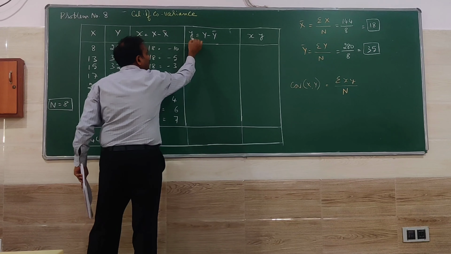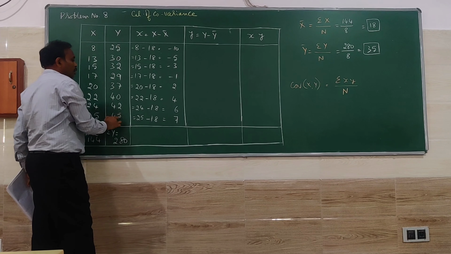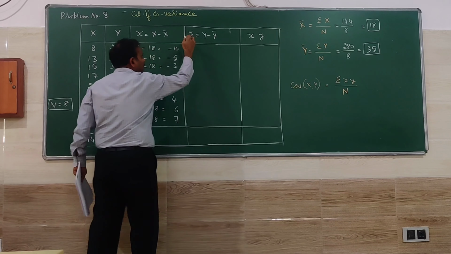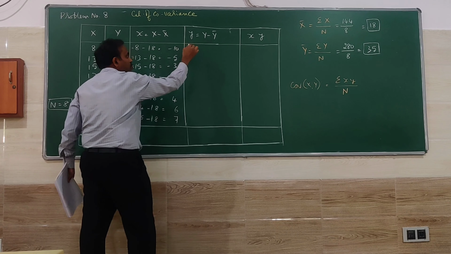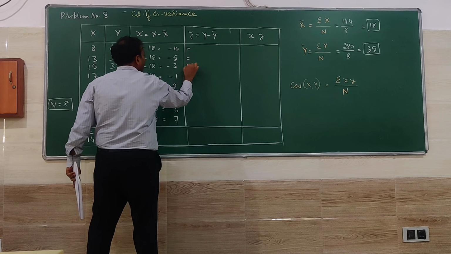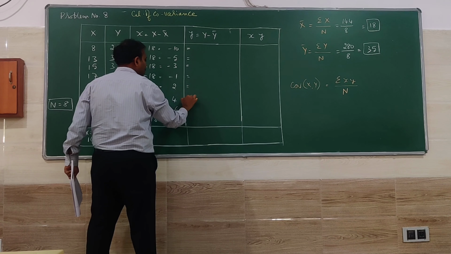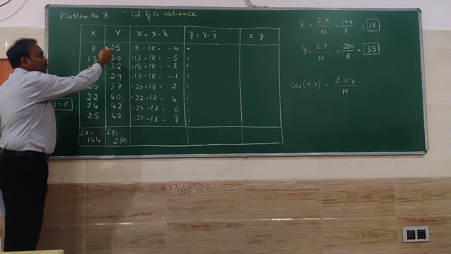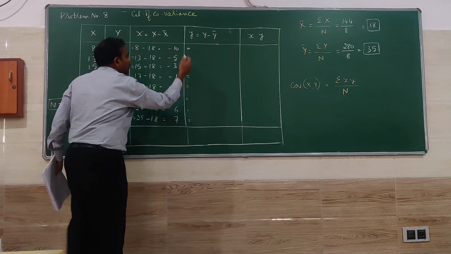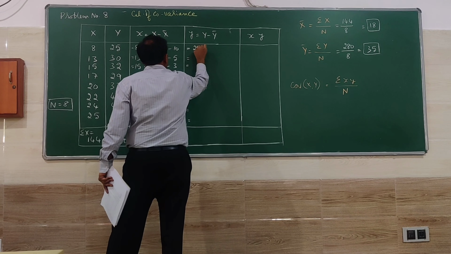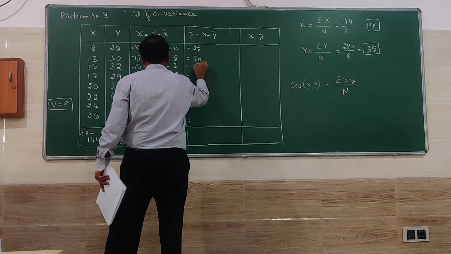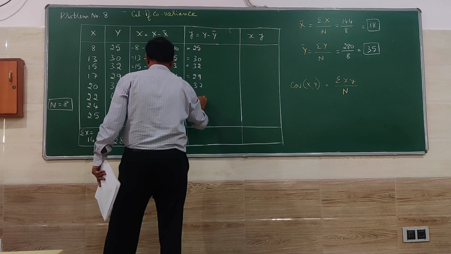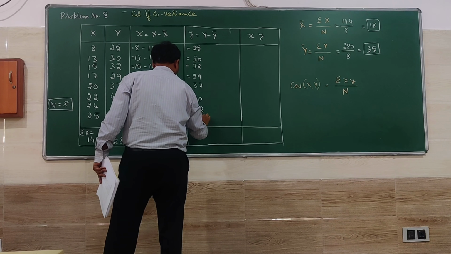Similarly, we find the difference between the actual y values and the mean of the y series, that is y bar. So we call that small y. Small y is the deviation. So let me substitute the values to find the deviation. I will substitute the y values over here: 25, 30, 32, 29, 37, 40, 42, 45.